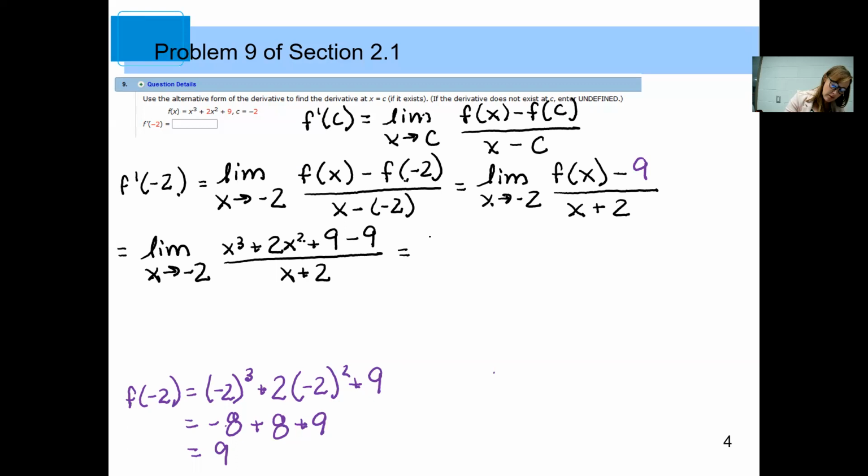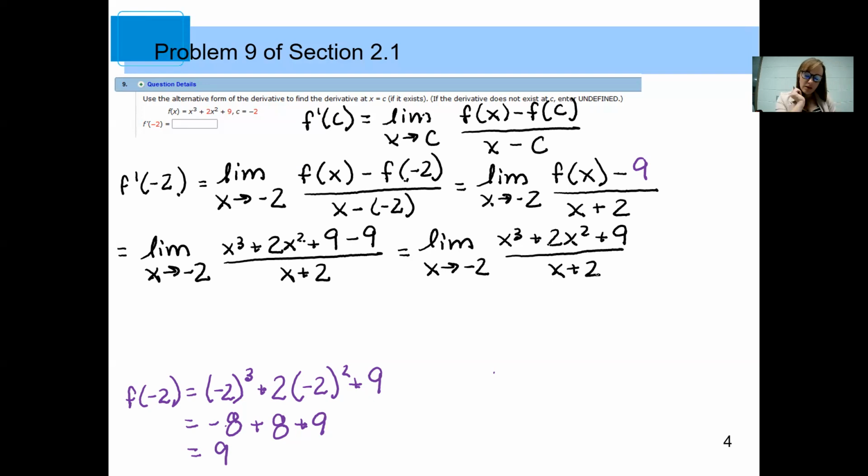The 9 minus 9 combine to give us 0, so we have the limit as x approaches -2 of x to the third plus 2x squared plus 9 all over x plus 2. When I look at this, it looks like the function is not defined at -2, so we want to evaluate this limit further.